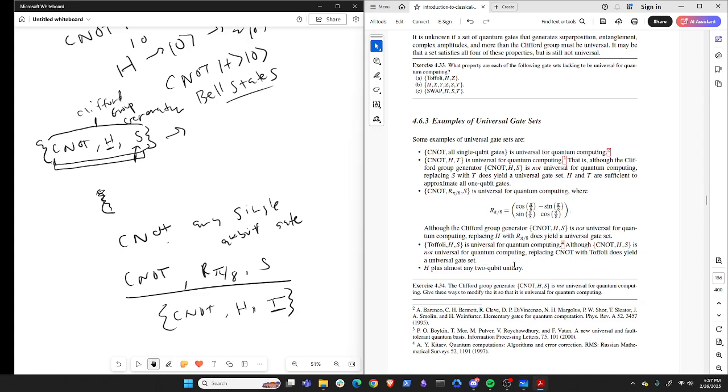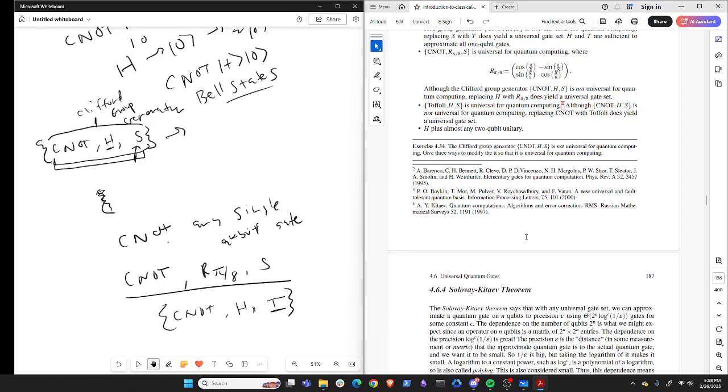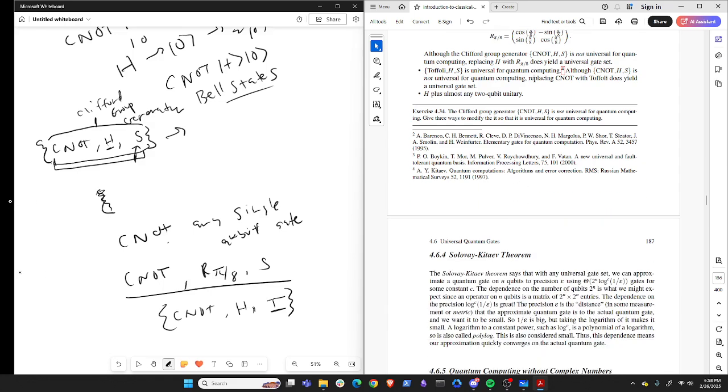H plus any 2-qubit unitary gate. And we discussed yesterday, all quantum gates have to be unitary, which means that if there's a quantum gate U, it needs to have an inverse. In gate terms, that's U dagger, which is its conjugate transpose.